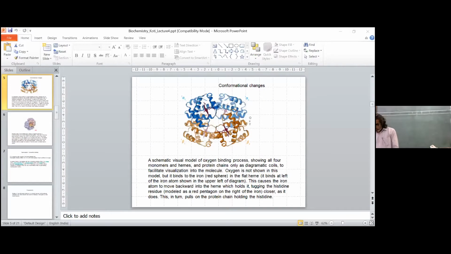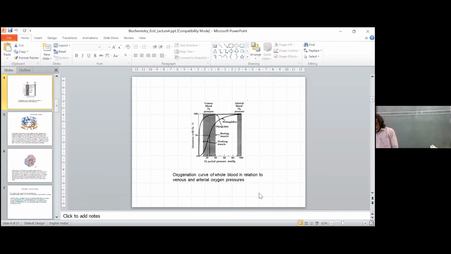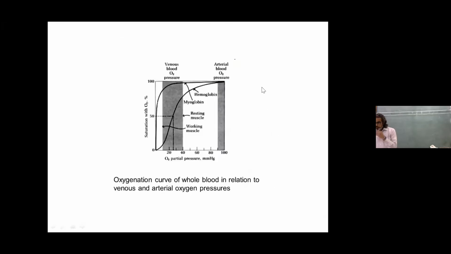So hemoglobin, as you know, this is a slide I showed last class, showing how myoglobin and hemoglobin differ from each other in terms of oxygen binding capacity. Okay, so here the graph shows, at different oxygen pressures, what is the fraction of the protein which saturates with O2.